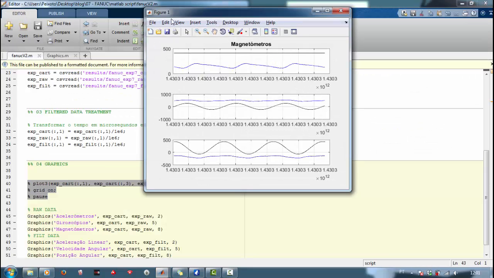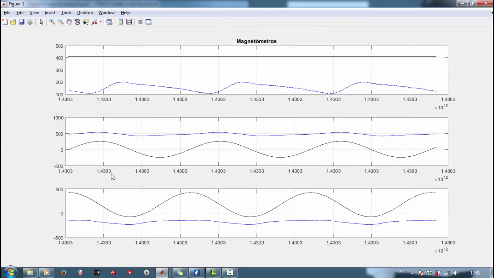And finally, in the magnetometers, we can see that even though it does not seem like it, the magnetometers are following kind of the same curve. If you see, it goes up, goes down, goes up, goes down.